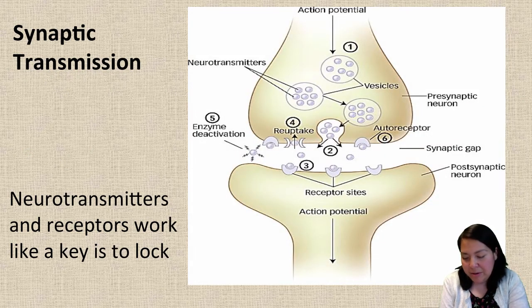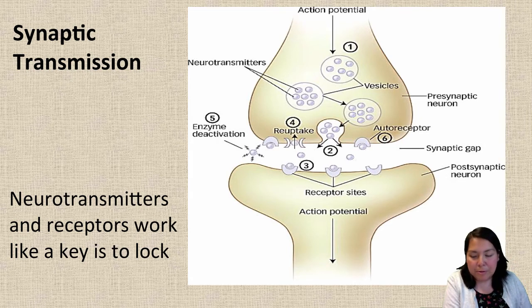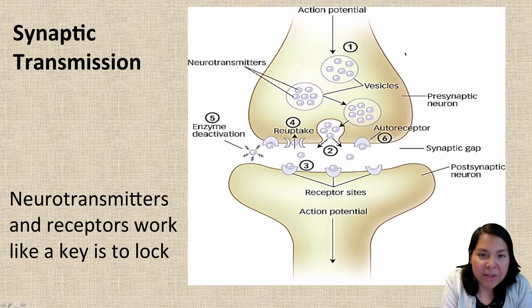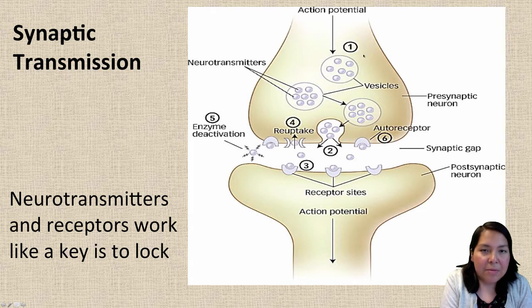Here is a great picture of these different actions that can be taken for those leftover neurotransmitters. Here we have a step-by-step picture of what actually happens. In number one, the presynaptic neuron is releasing these bags, or vesicles, full of neurotransmitters.